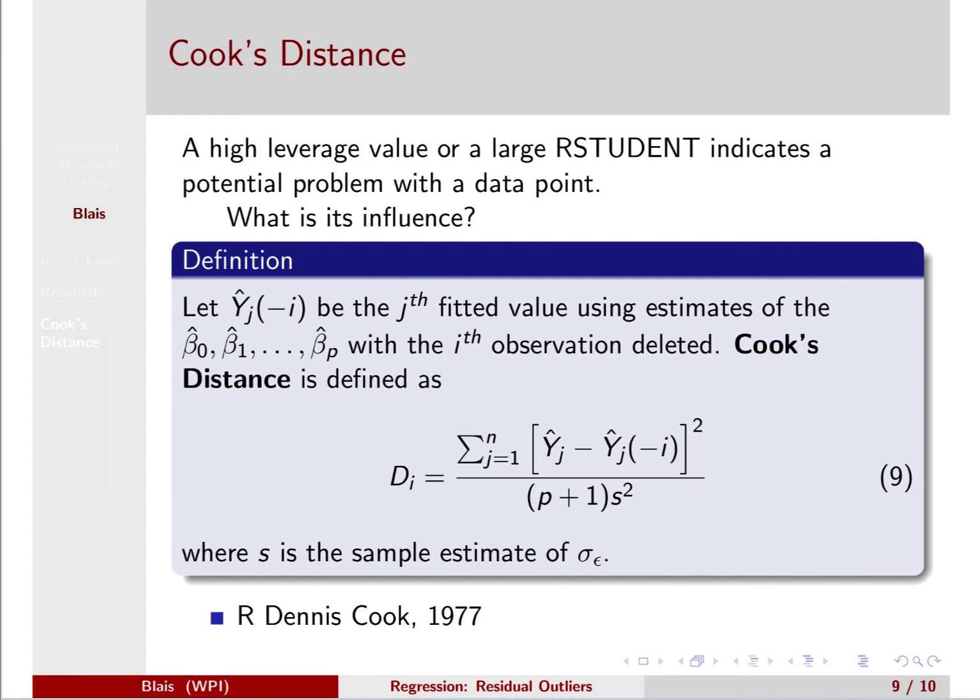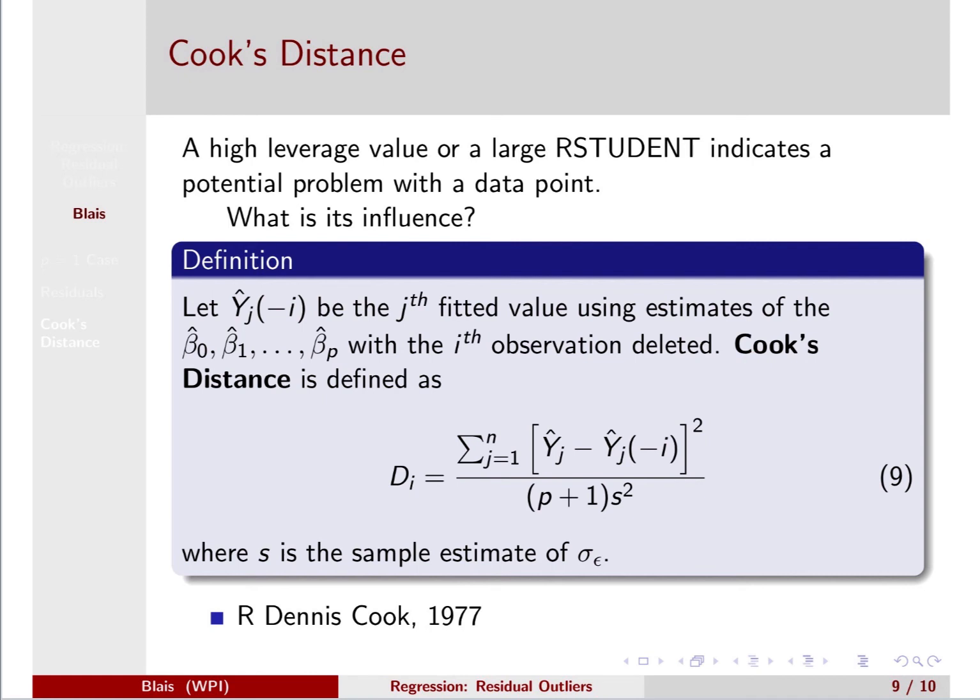We want to see what influence it has. And so Cook's distance is defined in the following way. Let yj hat minus i be the jth fitted value using estimates for the regression coefficients with the ith observation deleted.